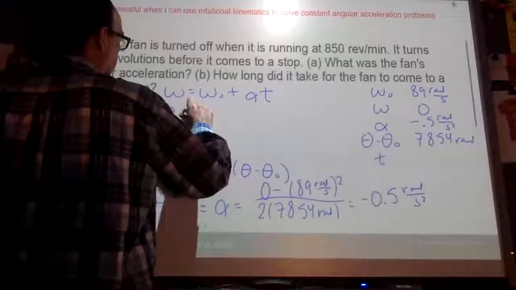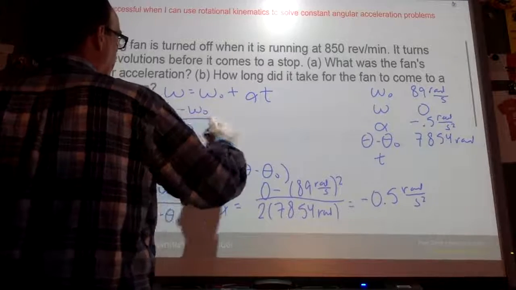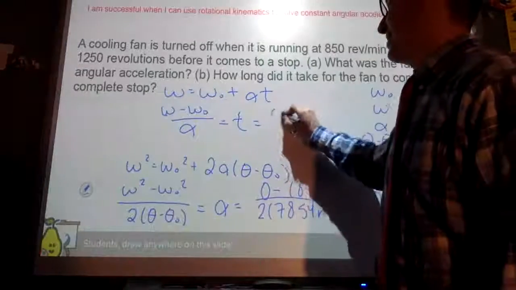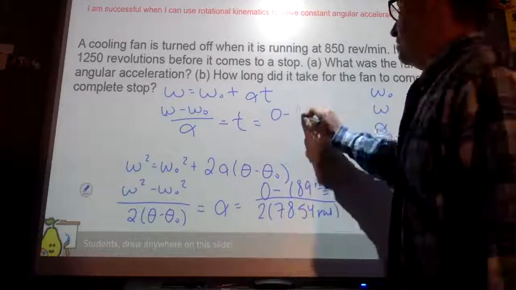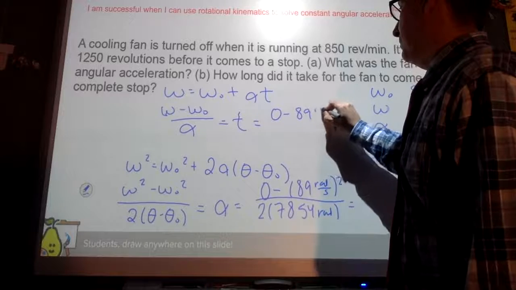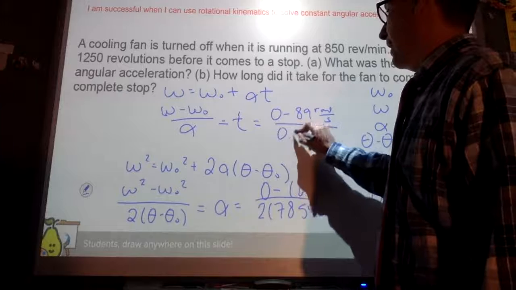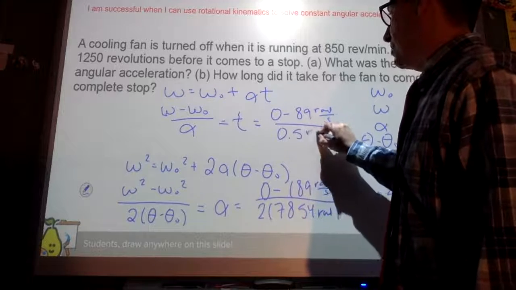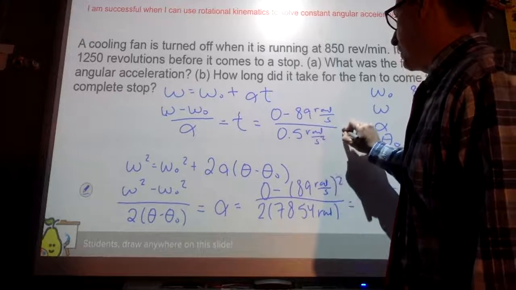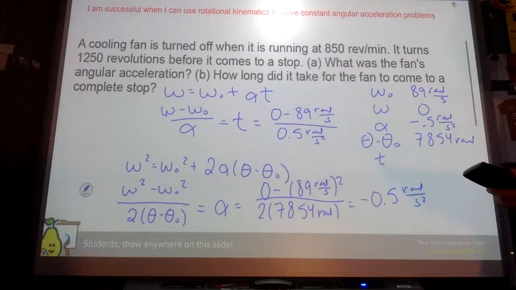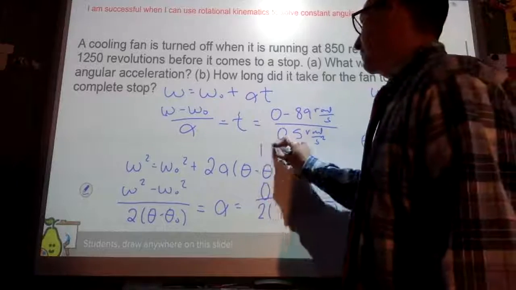And so I would have omega minus omega naught over alpha is equal to t. My final is 0. My initial is 89. And my angular acceleration is negative 0.5 radians per second squared. And so this is just going to be 89 times 2, 178 seconds.